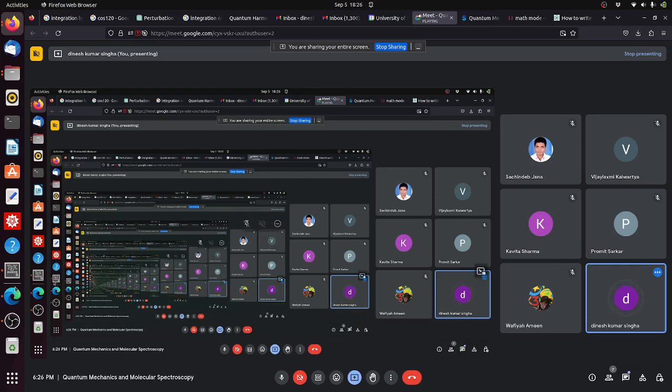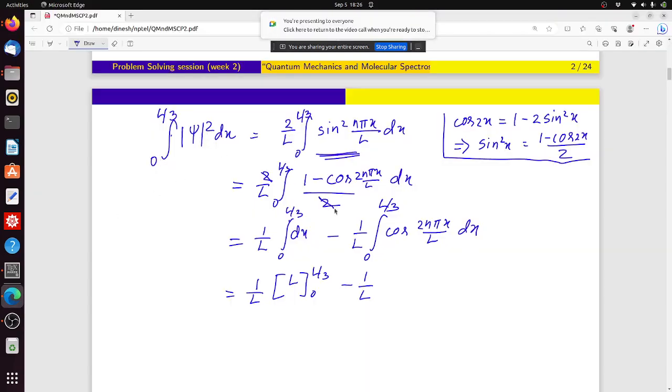Sin theta. Okay. You can speak, right? I can't read, I'm writing. So sin of 2n pi x by L, divided by this constant, whatever the constant is, 2n pi over L. The integrating limit is 0 to L by 3.